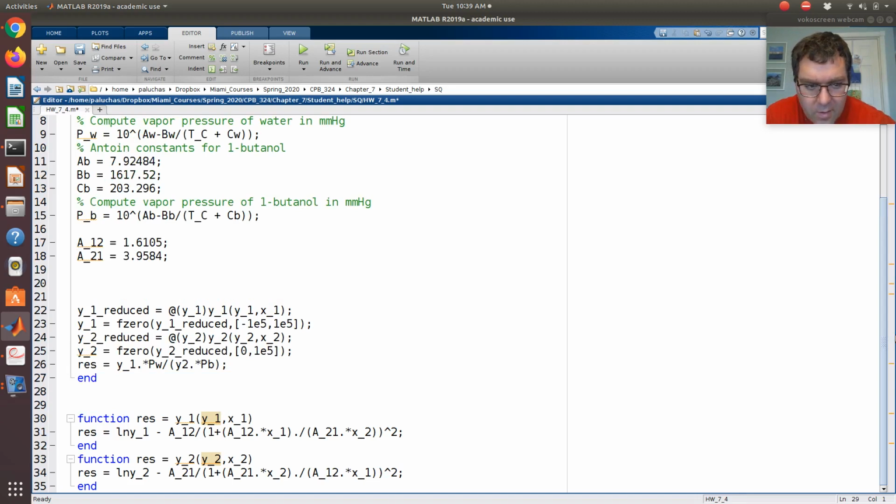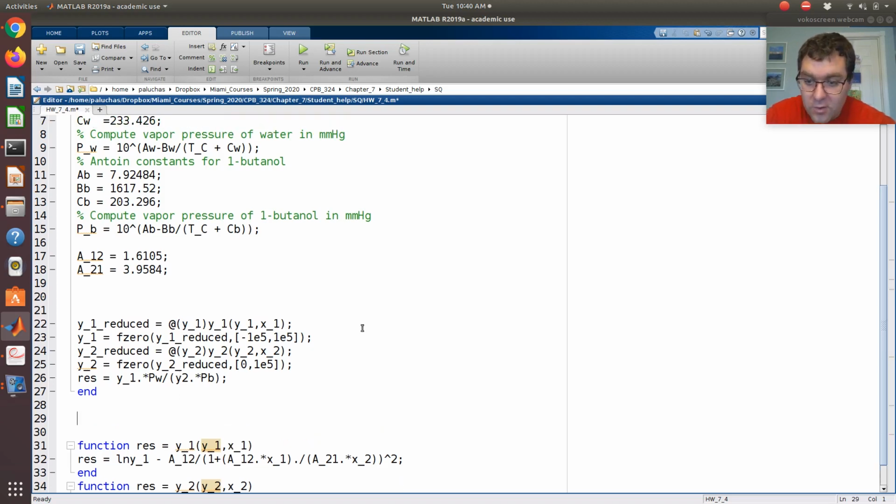Here are expressions for log gamma 1 and log gamma 2. I'm going to work with these since presumably they're right. I'll just have to update those function signatures.